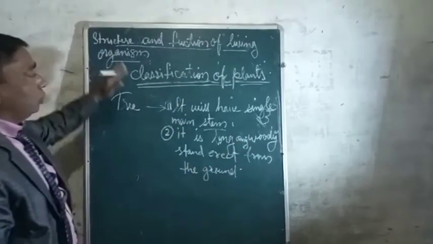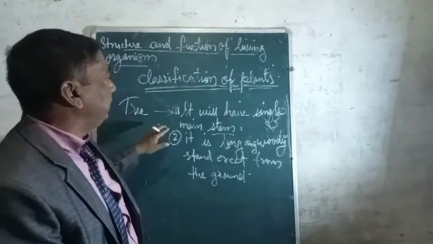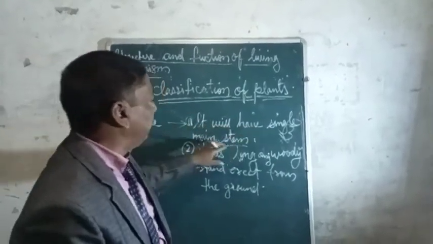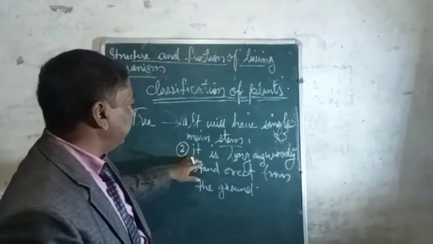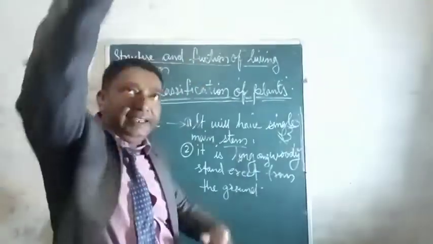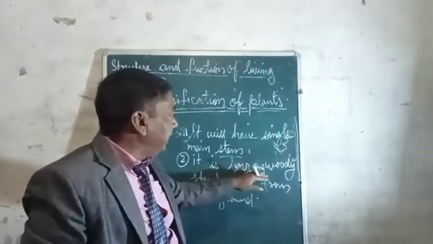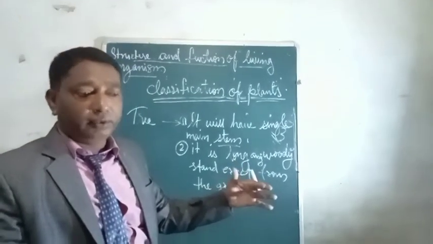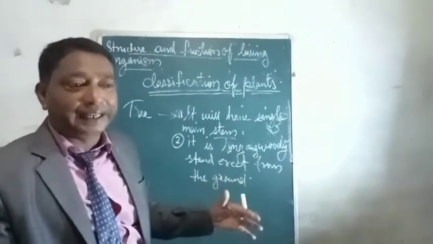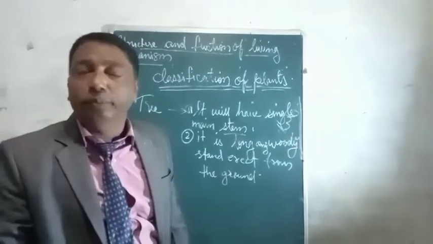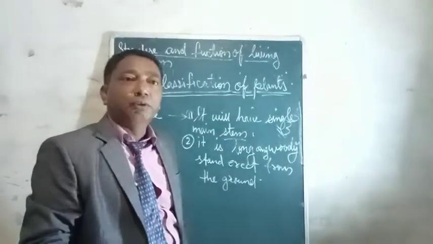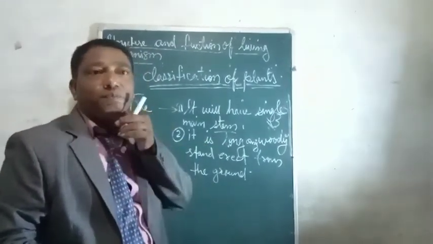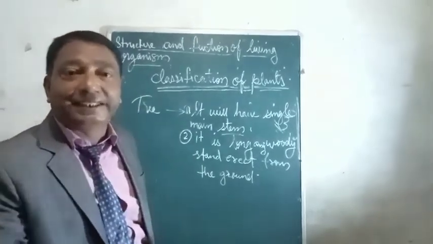So, how will you recognize a tree? They will have a single main stem, and it is long, its height is very big, and woody. The trunks or the branches of the tree have a large amount of wood, which is used by human beings for various purposes, for making windows, doors, tables, desks, and many other things.